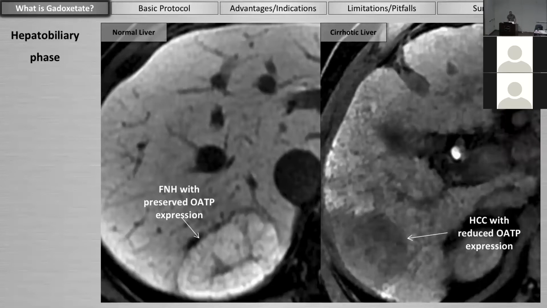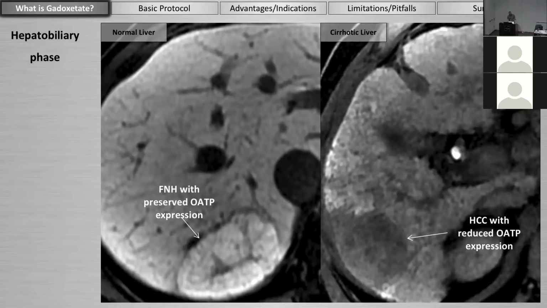Now, this particular normal liver has a lesion, and this particular lesion is a focal nodular hyperplasia. And on the previous slide, I mentioned that 95% or so of focal nodular hyperplasias have high OATP expression, and they will look bright as well. Now, you might look at this FNH and say, well, why does this FNH have this dark thing in the middle?